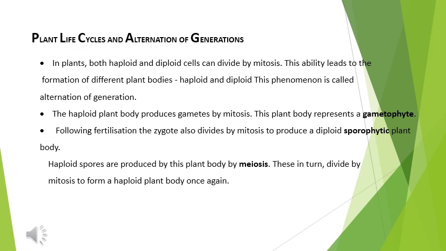After fertilization, the zygote divides by mitosis to produce the diploid stage, or you can say diploid sporophytic plant. Haploid spores are always produced in the plant after the meiosis process. These in turn divide by mitosis. First, diploid cells become haploid by meiosis, and later by mitosis they become haploid gametophytes.